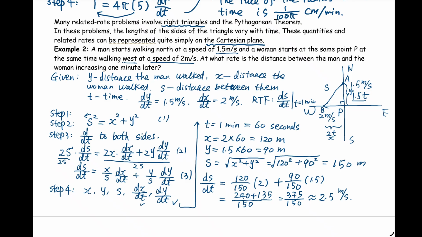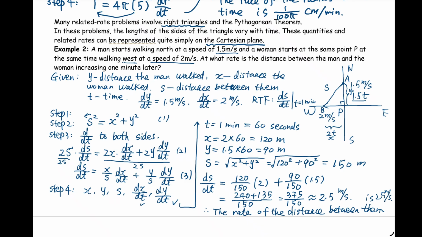So this is the rate. Therefore, the rate of change of the distance between them is 2.5 meters per second.